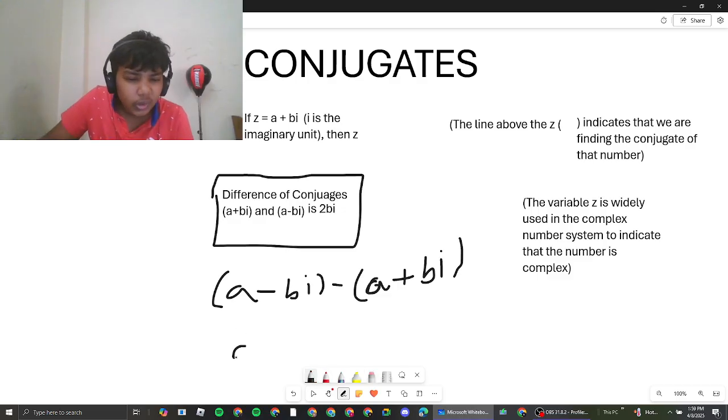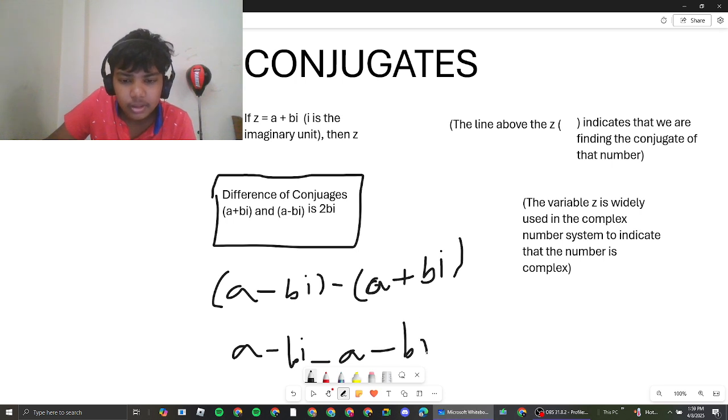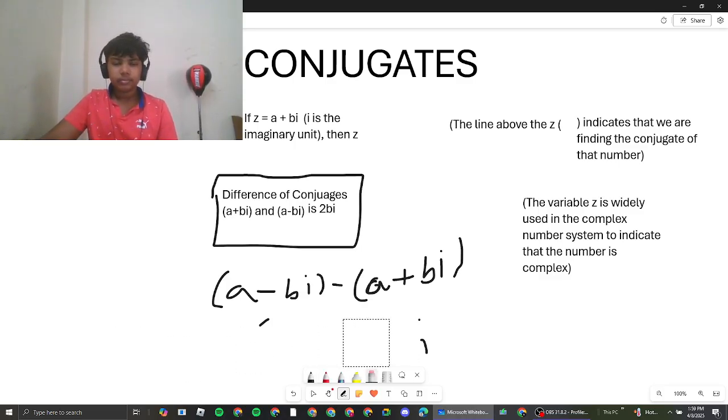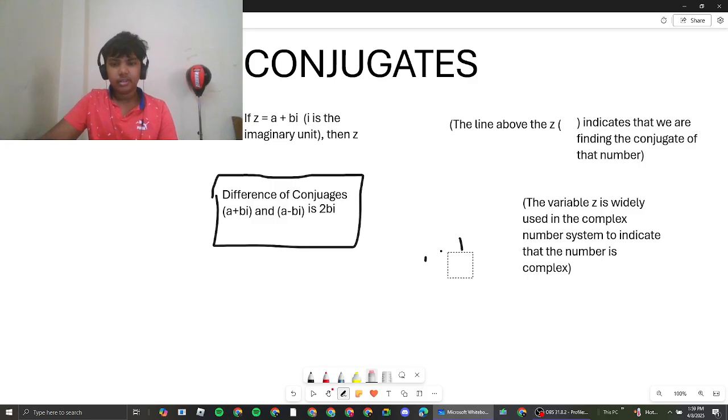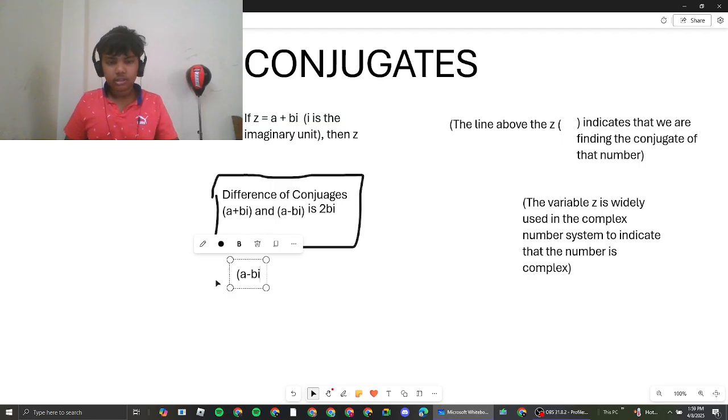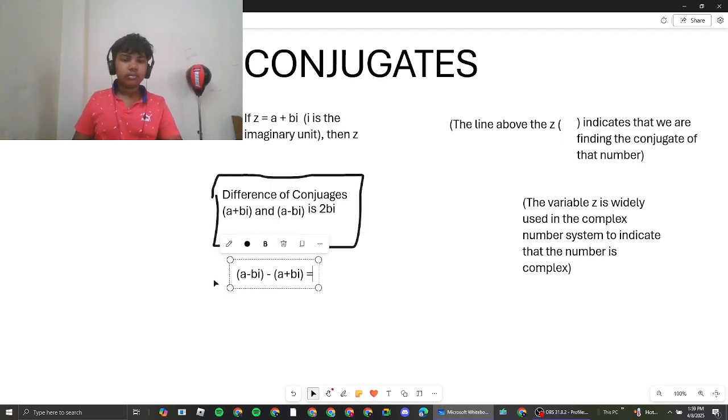This will actually become a minus bi minus a minus bi. The a's cancel, but we get minus bi minus bi, which is minus 2bi. So a minus bi minus a plus bi equals minus 2bi.